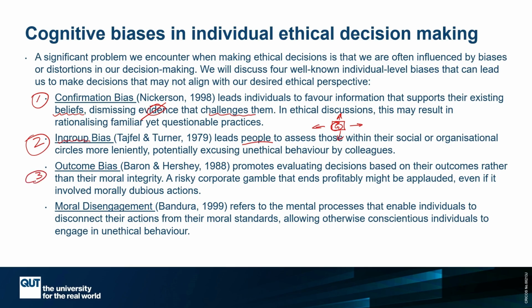Third, we can bias our decision based upon judging the outcome, not whether the decision was taken with any moral integrity. So a gamble that is profitable might be considered good even if it's morally dubious. That's an outcome bias.